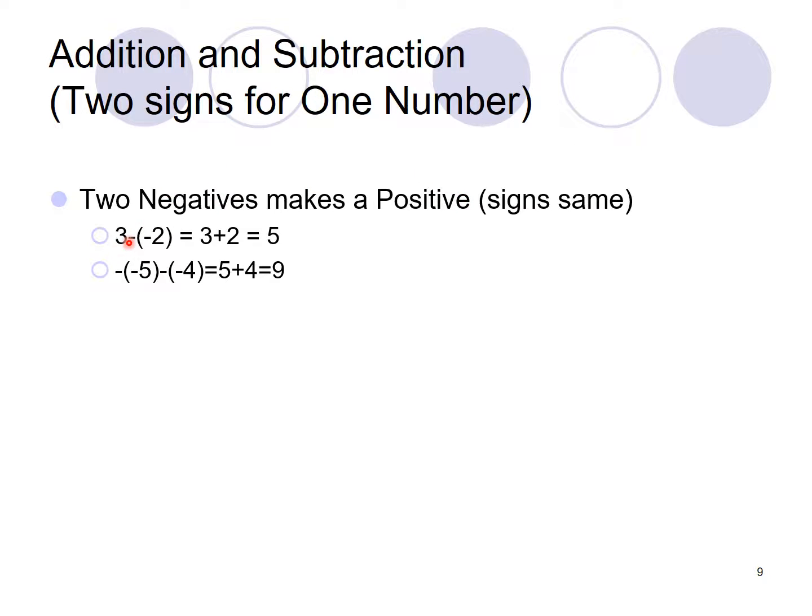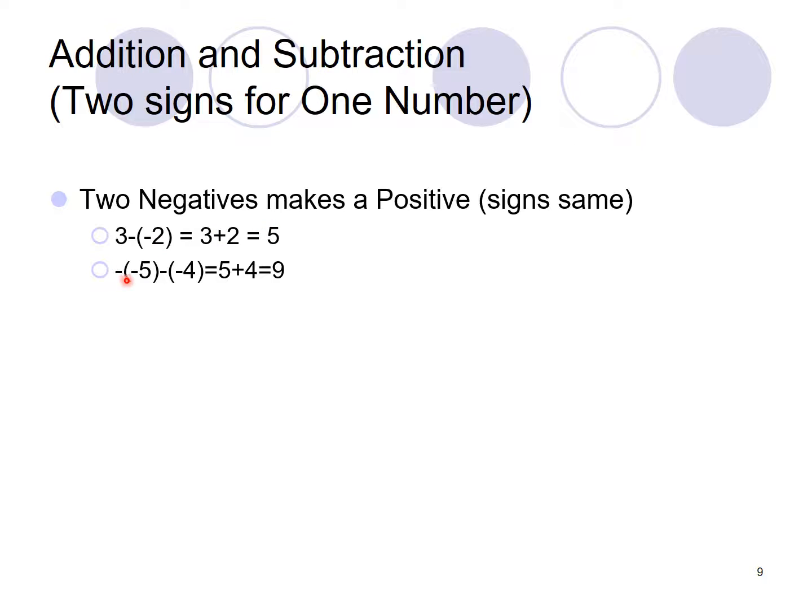So the negative outside the bracket and the negative inside the bracket, there are 2 signs against this number. When the signs are the same, or when you've got 2 negatives, it actually turns it into a positive. Okay, so another way of writing this is to say 3 plus 2 equals 5.